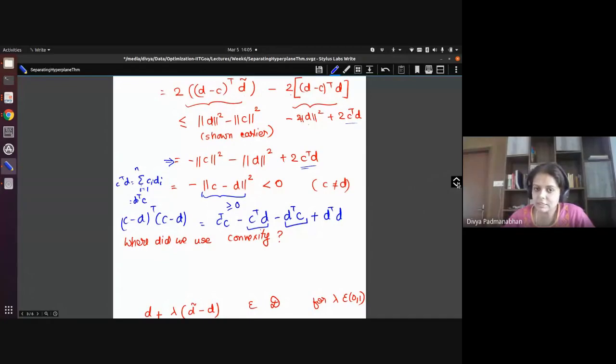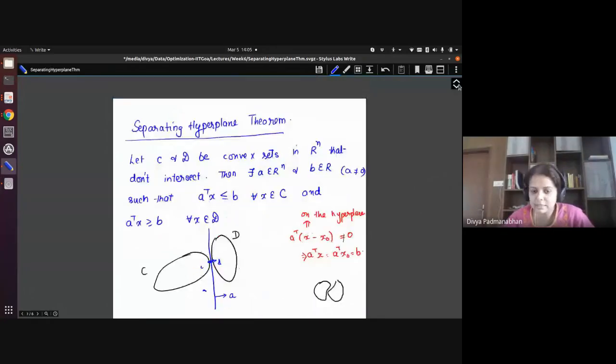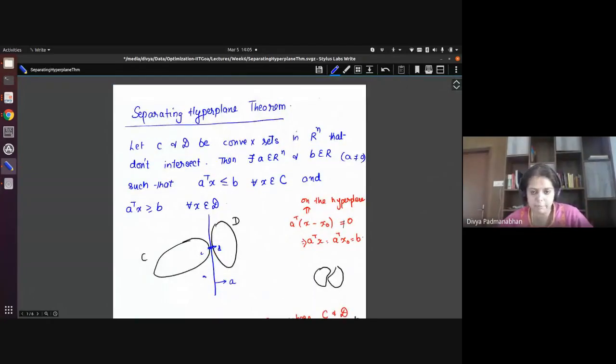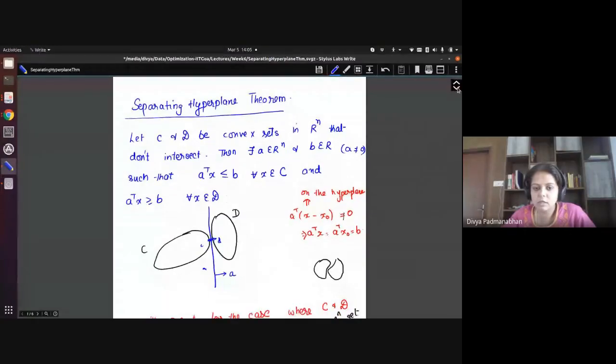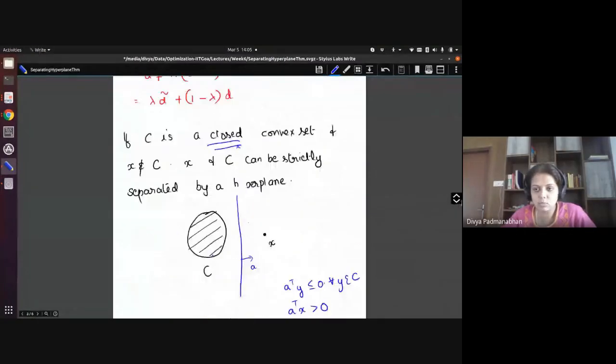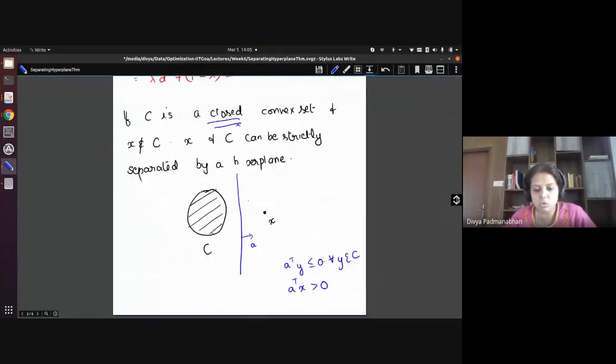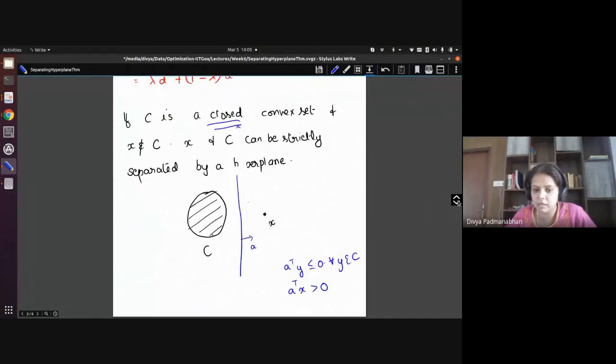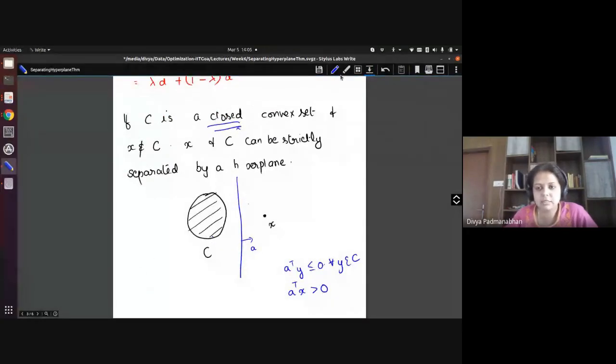What this is saying is that if you have these convex sets, then you have a separating hyperplane. This is not the only case in which you have a separating hyperplane. You can have some non-convex regions as well. Even in that case, sometimes you can have a separating hyperplane. This is what Siddharth would have suggested: something like one of the sets is convex and the other one is convex here, but maybe you have some non-convexity here.